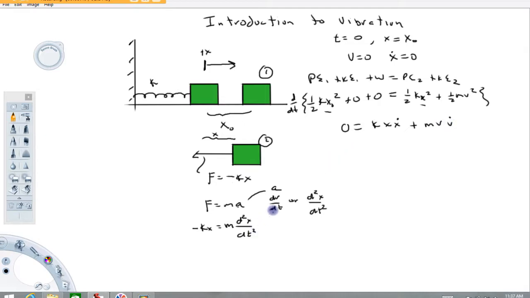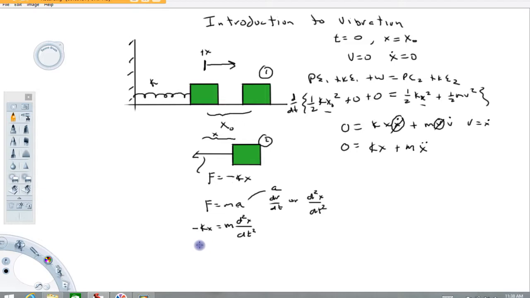Now these equations maybe don't look quite similar yet, but we can do a little bit of messing around. x dot and the velocity are the same thing, so these cancel. So this now reads kx plus m v dot. Now, keeping in mind that v is x dot, or dx dt, that makes this x double dot.